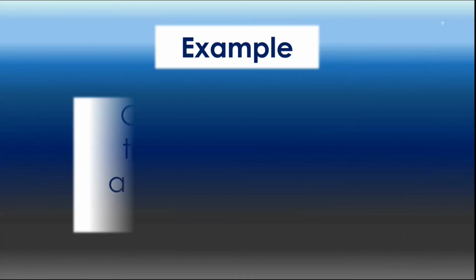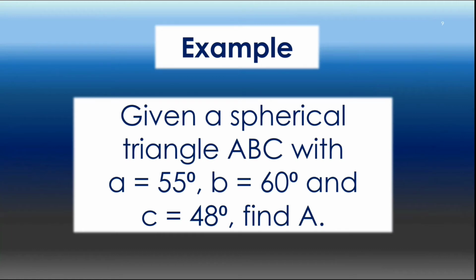Okay. So let us have the example. Given a spherical triangle ABC with side a that measures 55 degrees, b measures 60 degrees, and c measures 48 degrees. So what is the measure of angle A?